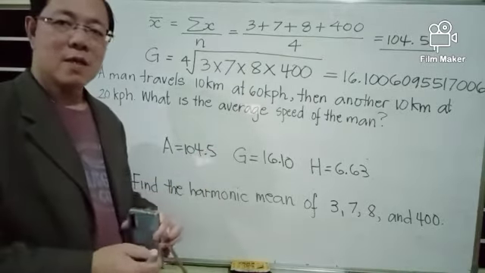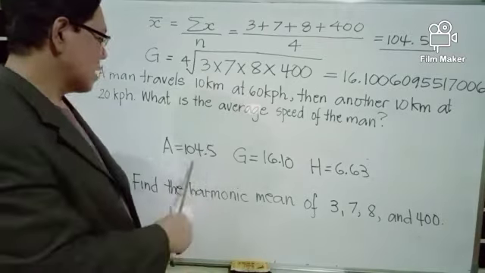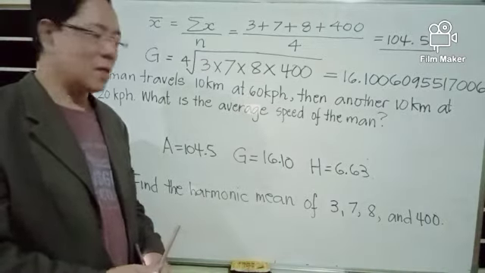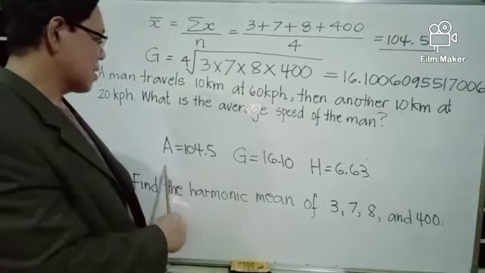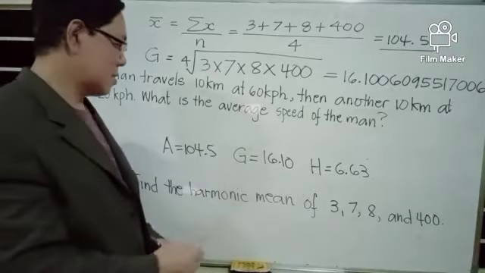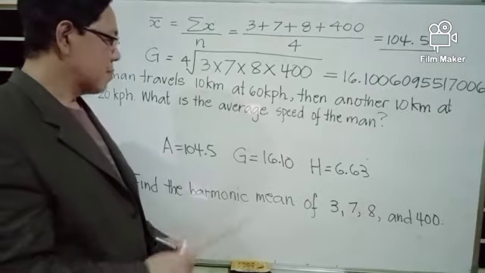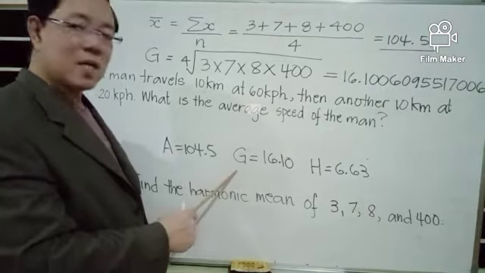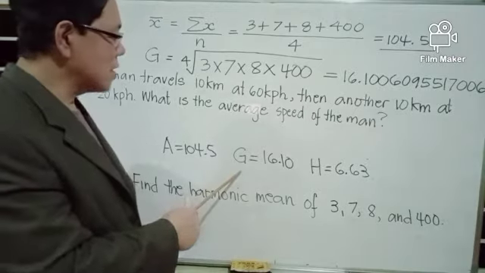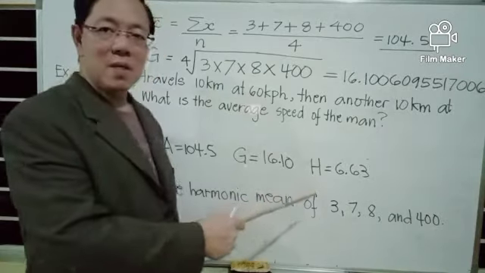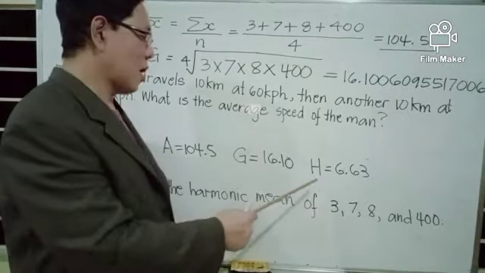You can see that the arithmetic mean gives the largest average among the three: arithmetic, geometric, and harmonic means. And the value of the geometric mean is more than the harmonic mean. And the harmonic mean gives the smallest average among these three.